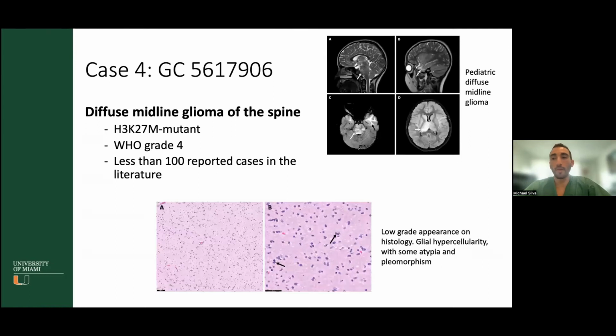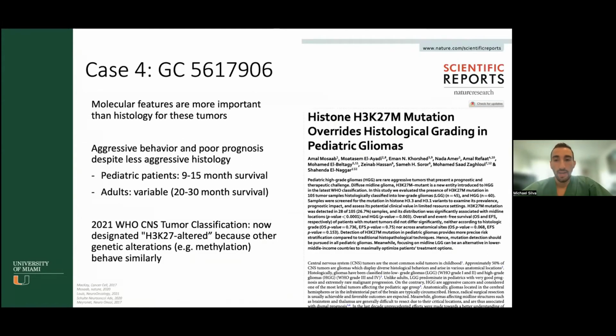We're more familiar with the pediatric form of diffuse midline glioma, but in the spine it's much more rare. The pathology, Dr. Gauthier explained well, has a low-grade appearance on histology, low Ki67, but the behavior of the tumor is that of a high-grade lesion. In this case, again, the molecular features are the most important, and it has an incredibly aggressive behavior.